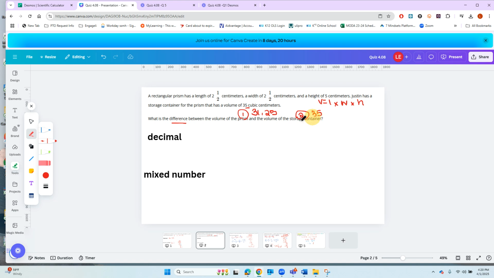So the question was, what is the difference? So remember at the beginning of the year, we learned that difference meant to subtract. So I am going to subtract 35 minus 31.25.